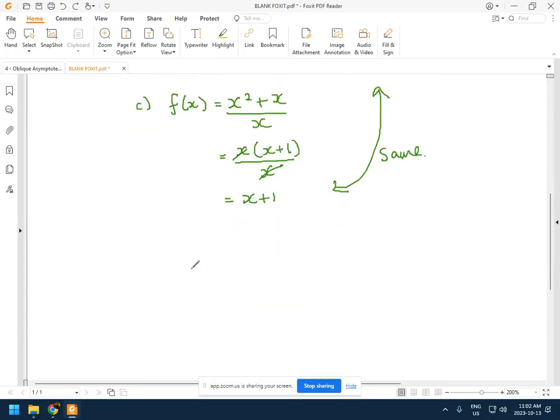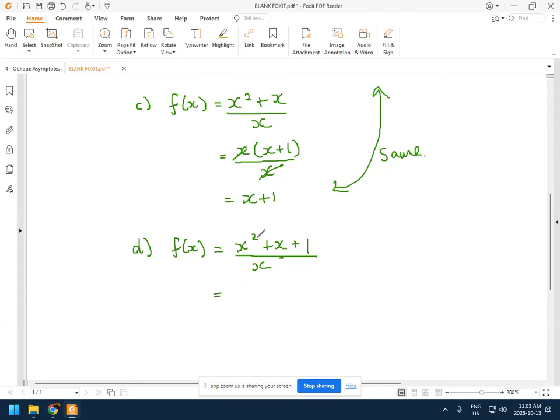But here's the part where you have to really think. What if I gave you a function that was x squared plus x over x, which is the exact same thing as before, but it's now a trinomial, and I asked you to divide?